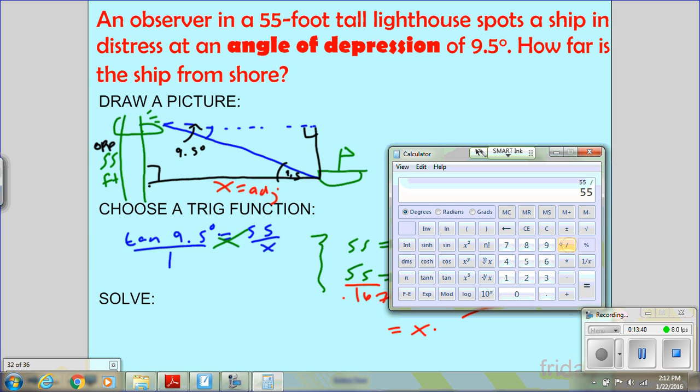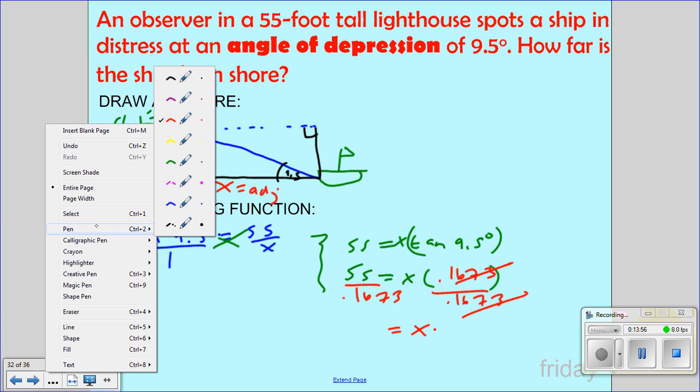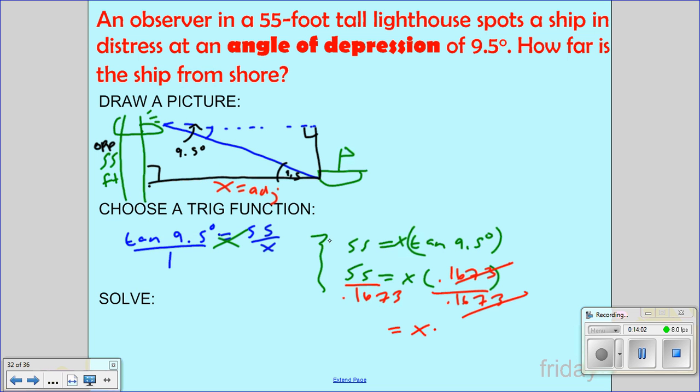About 328.75. And we're in feet. 328.75 feet.